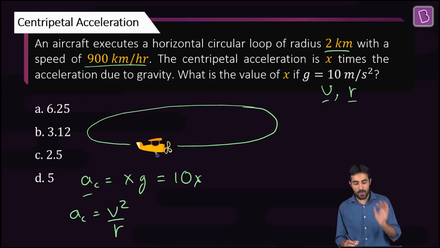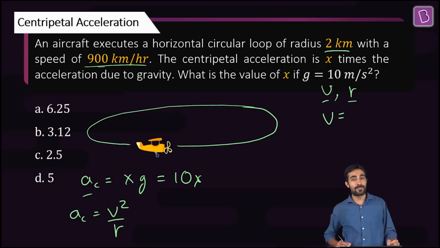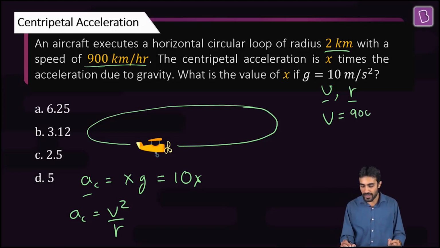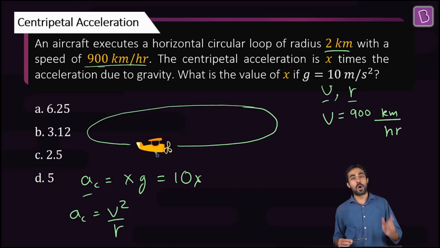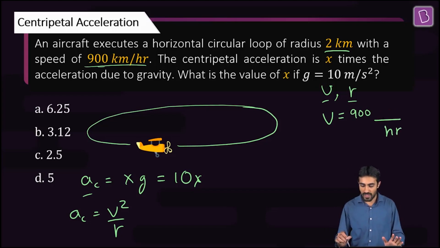Simple. Now, we have to write velocity in terms of meter per second first. Velocity was 900 kilometer per hour. Now, kilometer means 1000 meter. So, let's write 1000 meters over here.